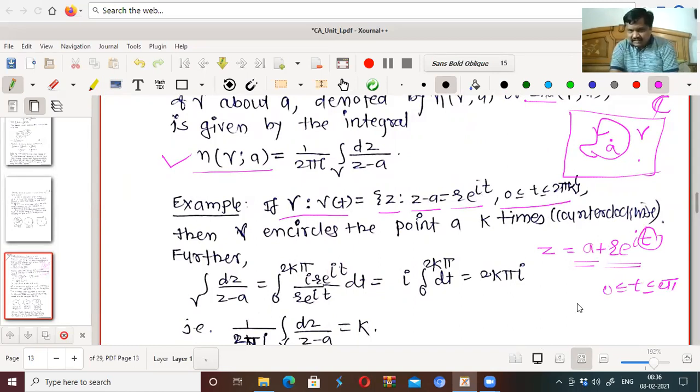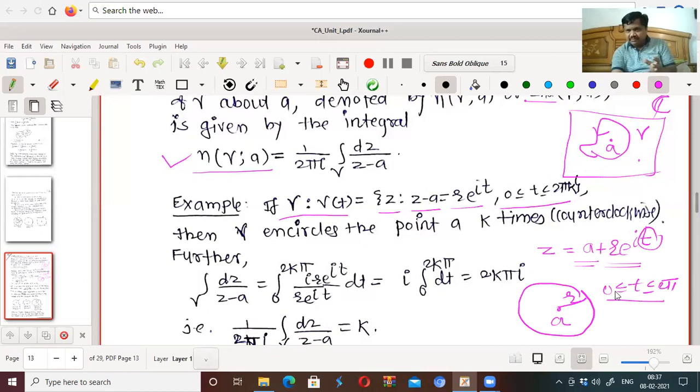So this is the circle having center at A and radius r if t varies from 0 to 2 pi. Here t varies from 0 to 2 pi k, meaning you take angles 2 pi, 4 pi, 6 pi, 8 pi, and so on.